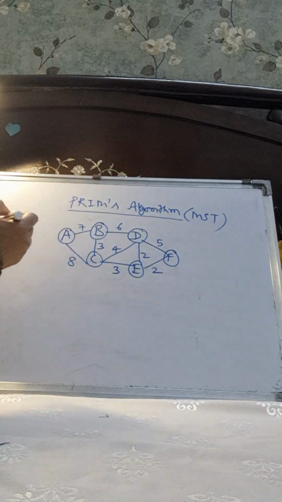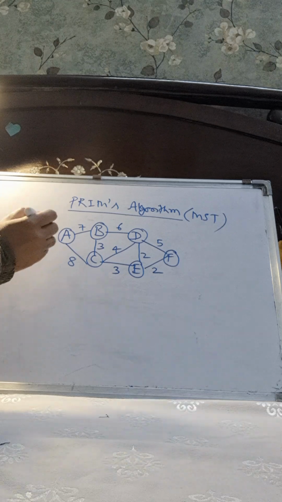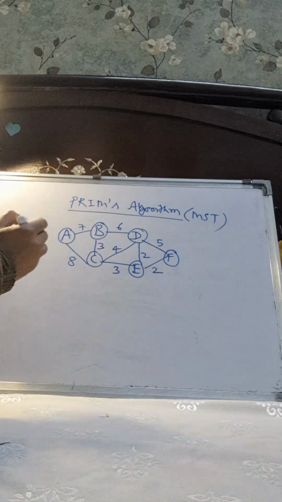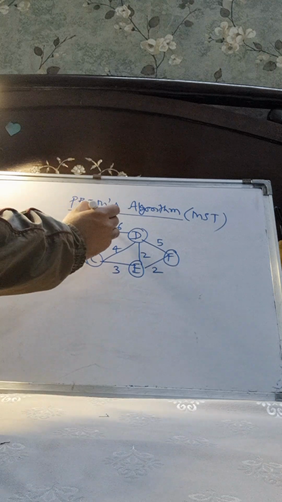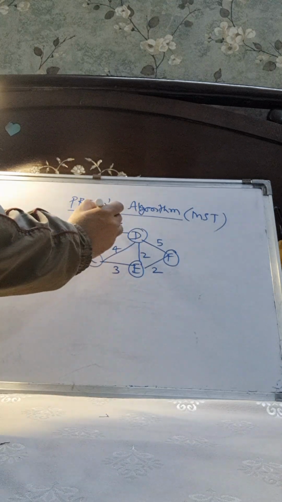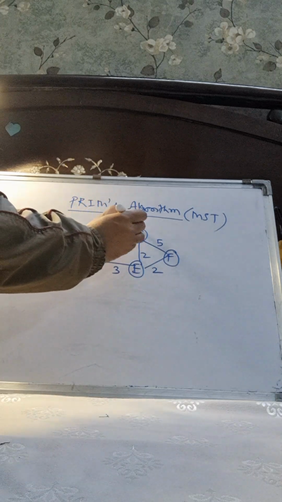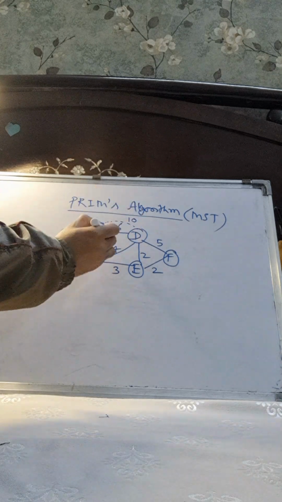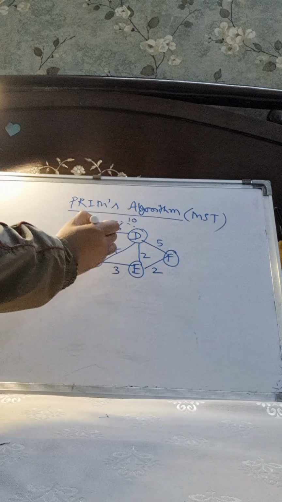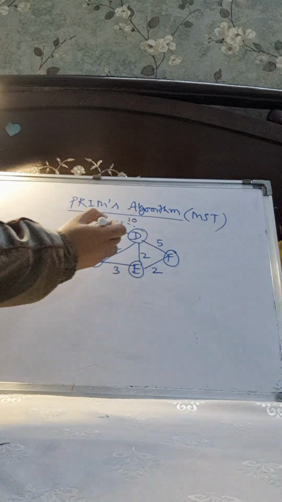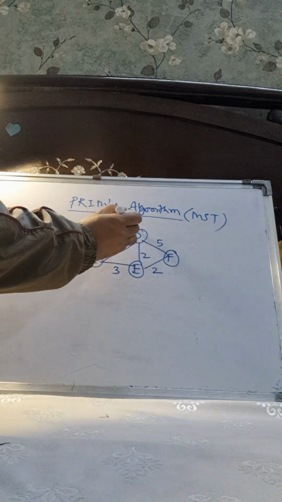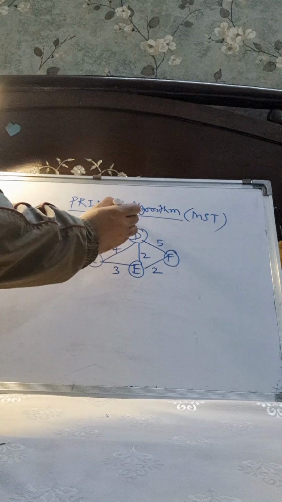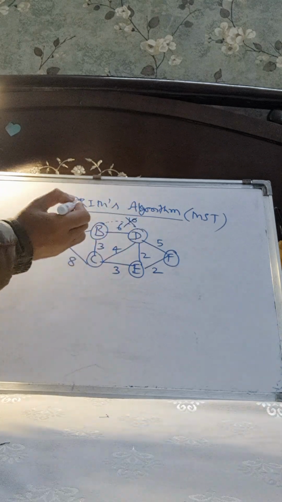How it works basically: before moving ahead, we must first look for any parallel edges. As I have explained in the case of Kruskal also, if there is one more edge, let's say with cost 10, then these two edges are parallel edges between B and D. First of all, we will remove any parallel edge which has more cost.